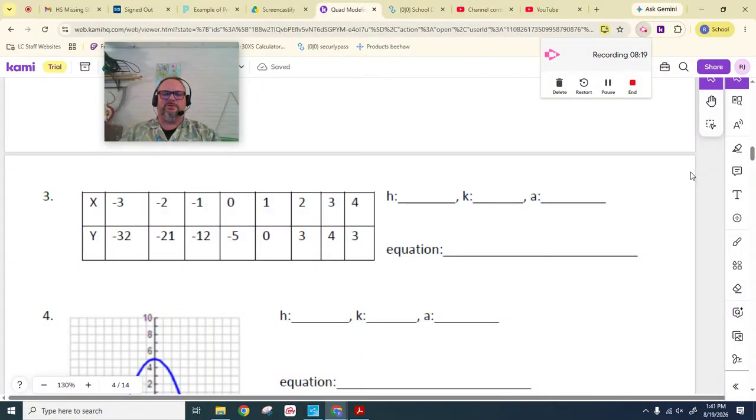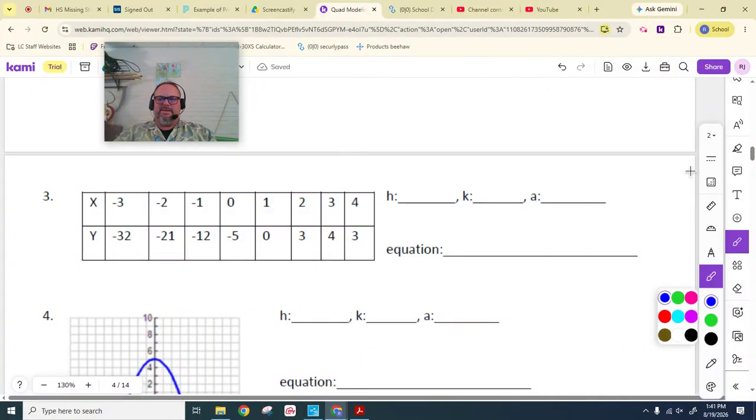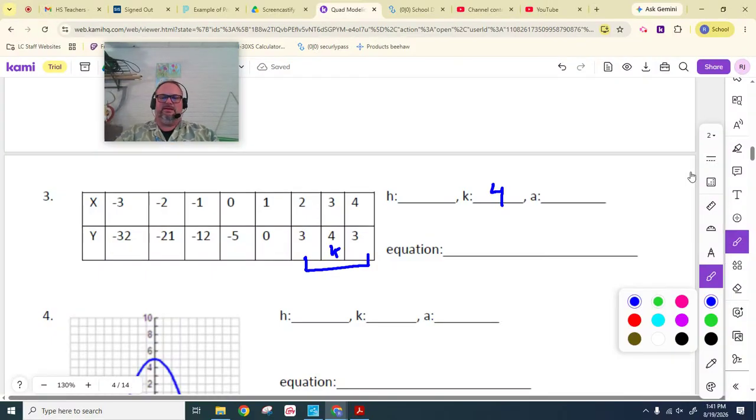All right, so we're back real quick. All right, number 3, you had to look way down the line to find where it repeats. All right, and then to go from 4 to 3, we went down 1.